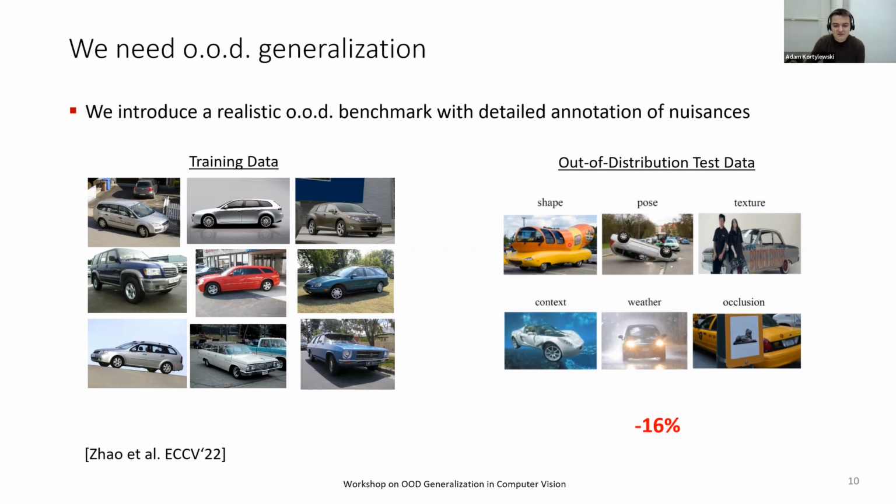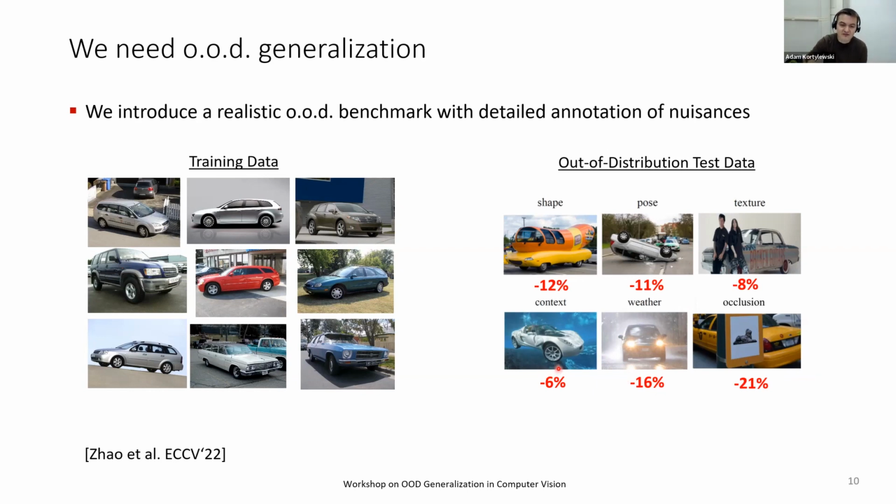And by classifying these individual nuisance factors, we are able to decompose this one metric, classification accuracy, into the different nuisance factors, which enables us to, for example, observe that partial occlusion or weather variations are a lot more difficult to handle for image classification models compared to, for example, context variation.